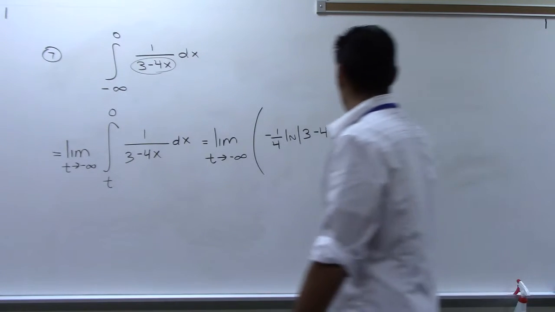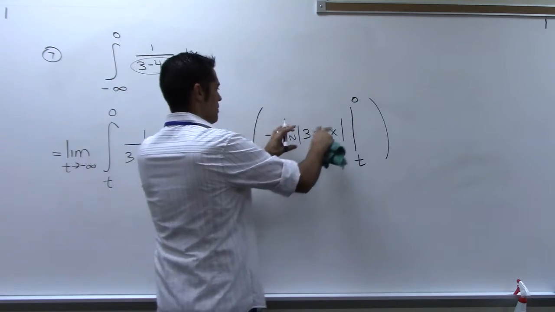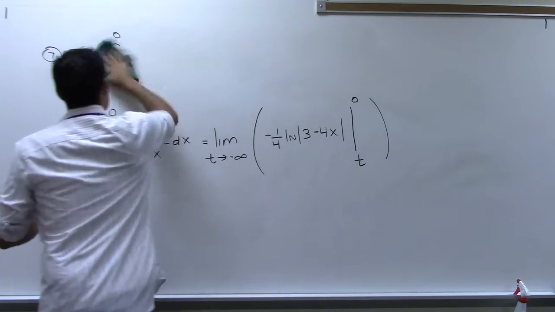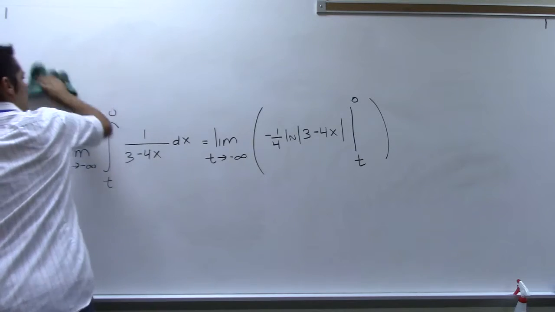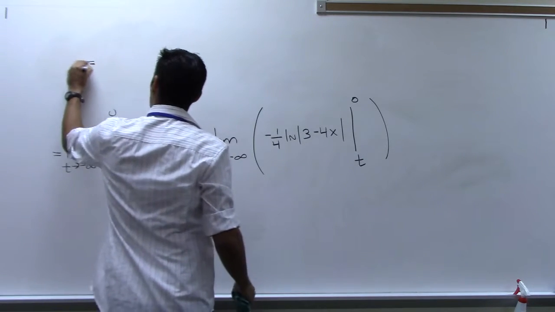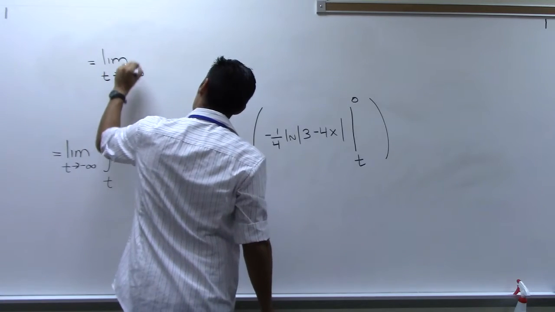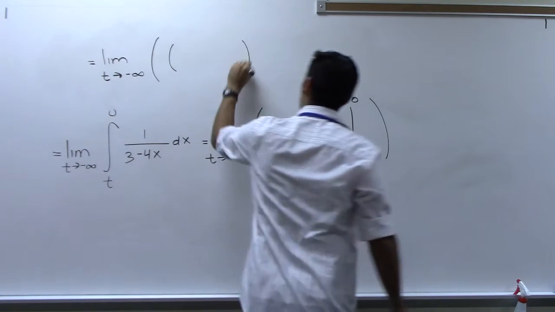Then I know that to evaluate this, I need to split this up into two pieces, plug in 0, plug in t. So I'll do that up here. So this will be equal to the limit as t goes to negative infinity of, let's see, two things here.